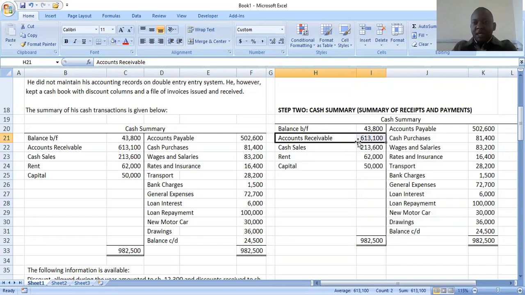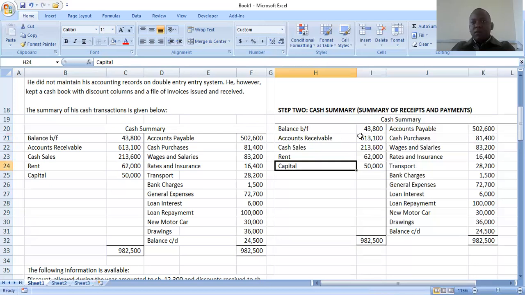When debtors pay the amounts due to the business, the cash book is debited, and the debtors are credited, because debtors are assets, and whenever an asset is decreasing, you credit. So we credit the accounts receivable account by cash, and the amount shall be 613,100.